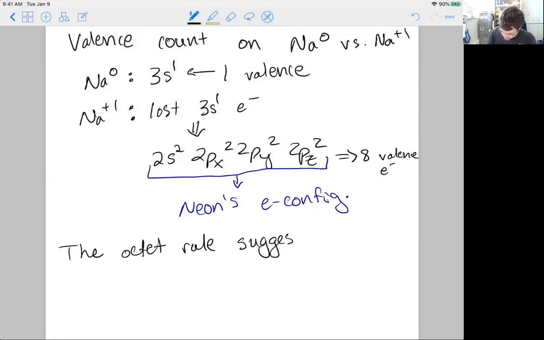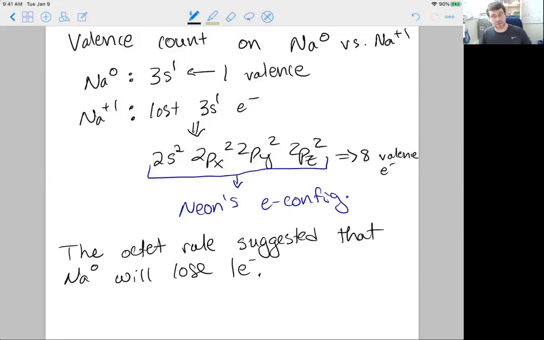predicted what sodium was going to do, suggesting that Na0 will lose 1 electron. That's what the octet rule has done. It allows us to see how, when we mix these elements together, in the neutral state they sit in a highly reactive state, and that's certainly true for sodium.